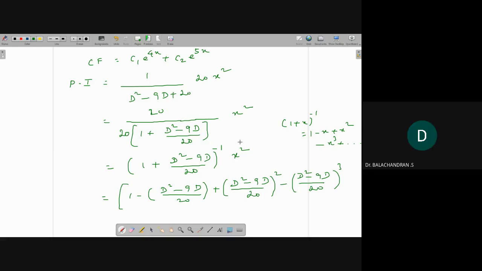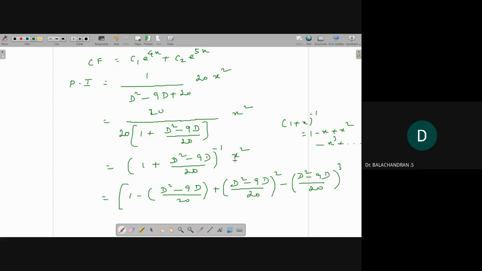But here I already told you that this is x square, maximum square. Even this term is not enough, because up to this term is enough. The reason why I don't need the next term is that here you have minimum d cube, a minus b whole cube.